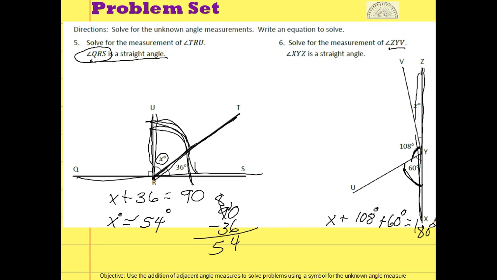Okay? So now we have to subtract 108 and 60 from 180. So 108 plus 60 is 168. So we're going to subtract 168 from 180, borrow here. So that's 12 degrees. So x, this little space here, x equals 12 degrees.